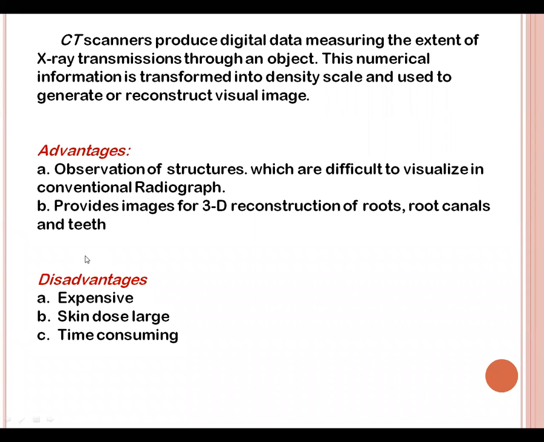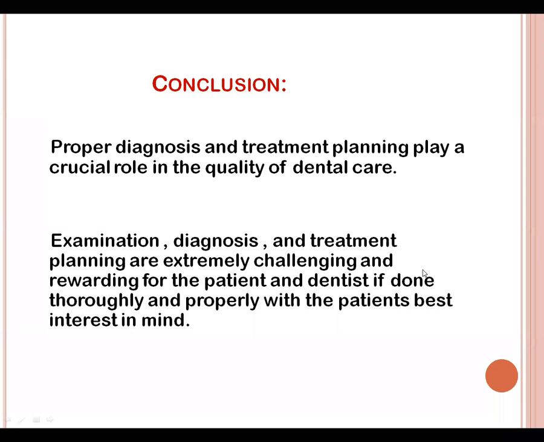Normally, whenever there are multi-rooted teeth, there is superimposition of anatomical structures, and you are not able to visualize what is present there. CBCT or CT scans will always provide you a three-dimensional picture, and hence will show you the difficult to visualize areas of a radiograph. Obviously, disadvantages are that it is very expensive, the dosage of radiation is large, and it is time consuming, right?